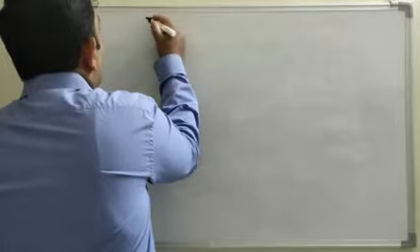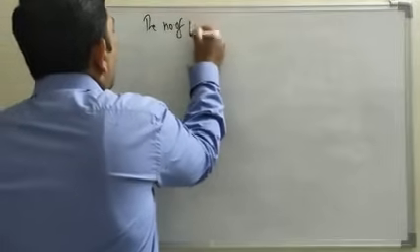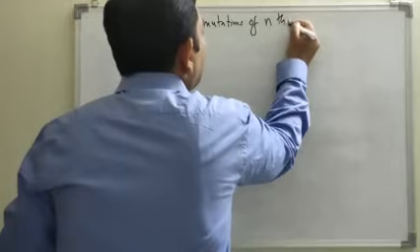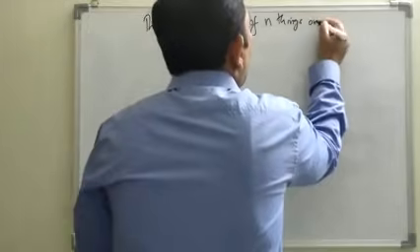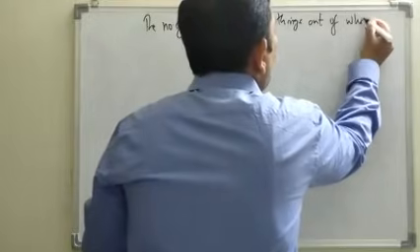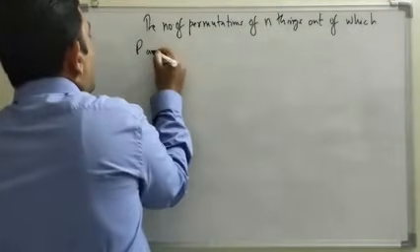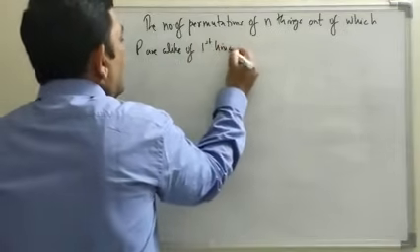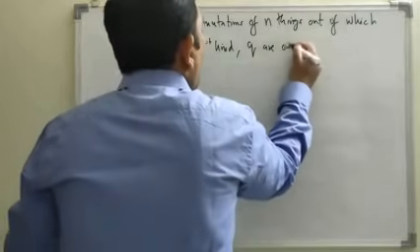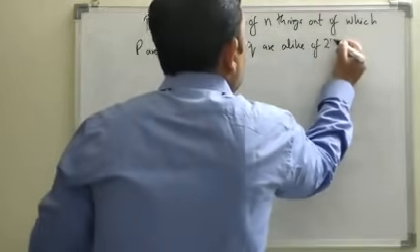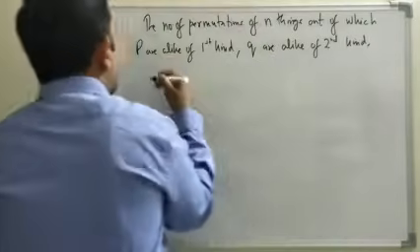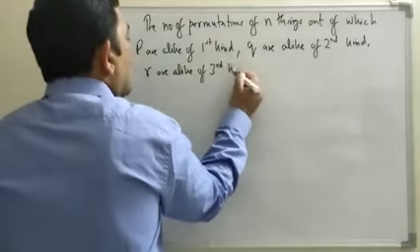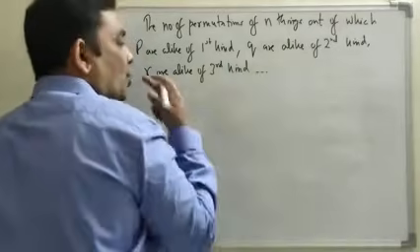The number of permutations of n things, out of which p are alike of first kind, q are alike of second kind, r are alike of third kind, and so on.